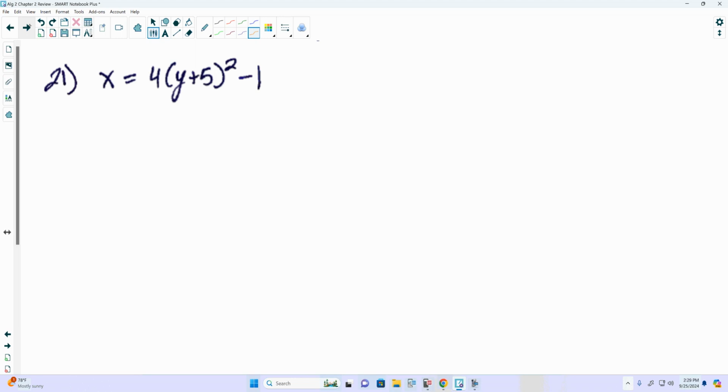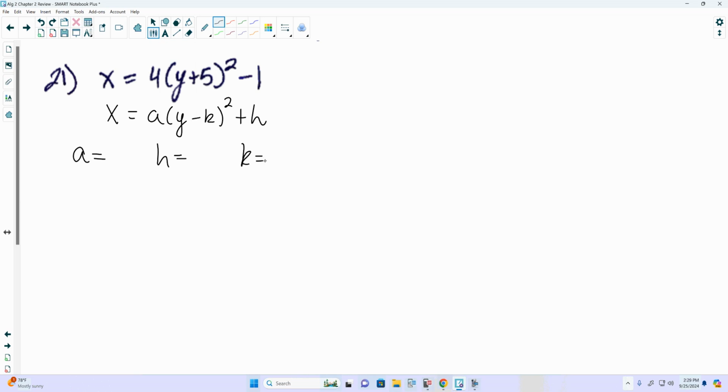I'm trying to remember the next one that's x equals. Do we want to look at 21 or 22? 21. Match it up to the general form. x is equal to a times y minus k squared plus h.